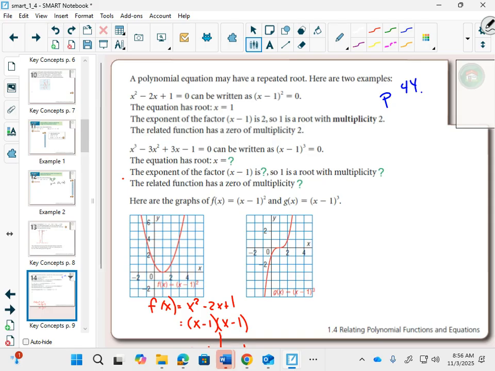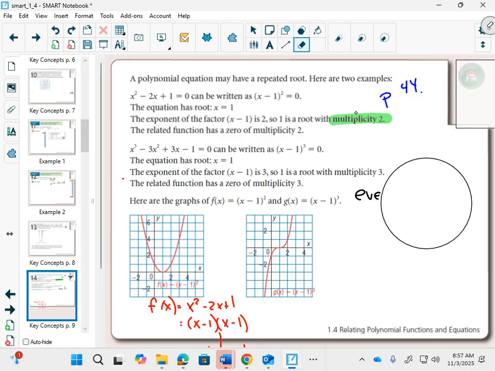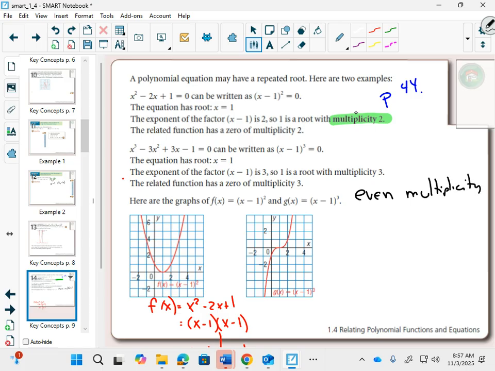It's going to talk about multiplicity, and we're also going to take out our highlighter. We're going to highlight this idea of multiplicity. And our note off to the side, even if you have an even multiplicity, this is not a mathematical word, but it describes what happens.